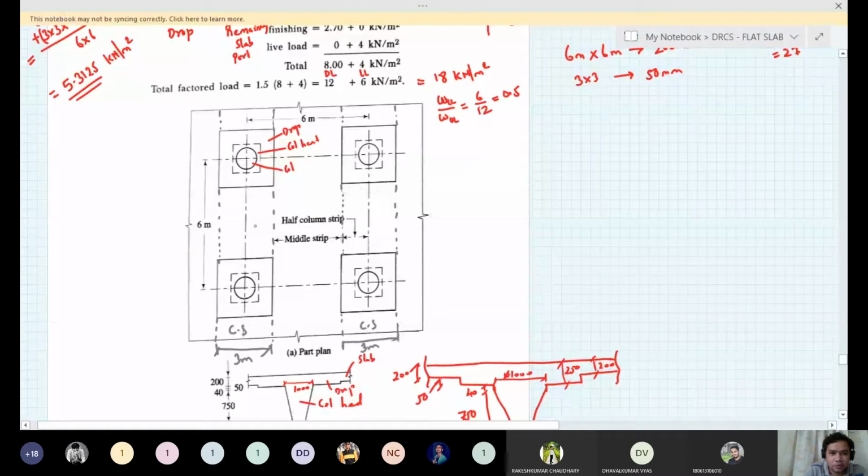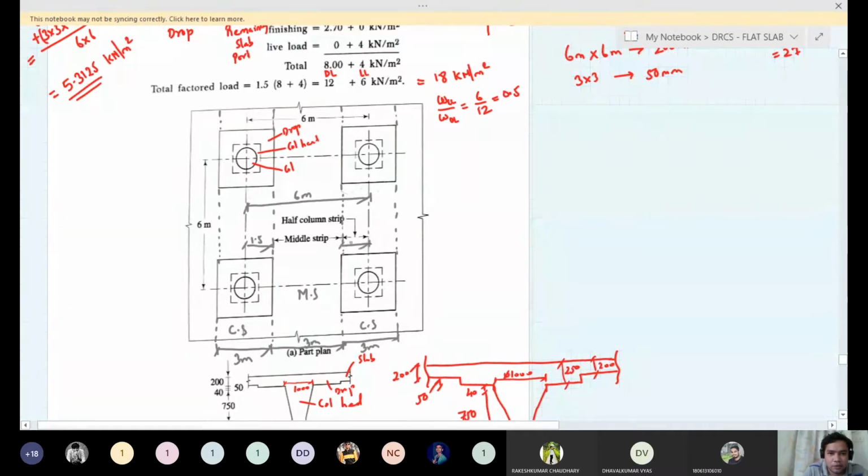From here to here it is 6 meter. So your middle strip is also 3 meter: 1.5 from this side and 1.5 from this side.